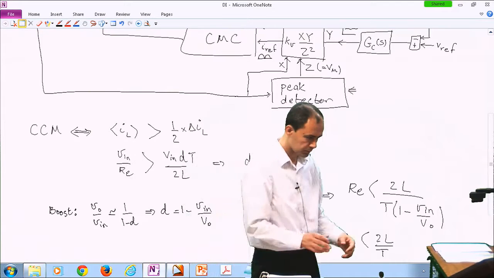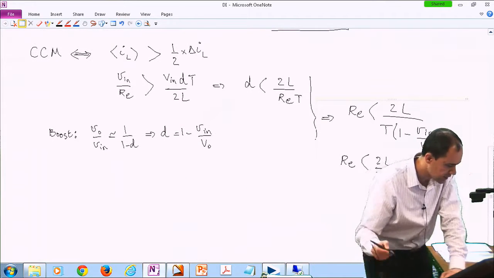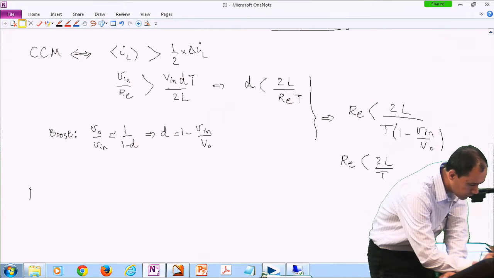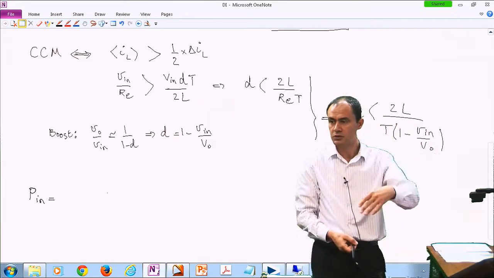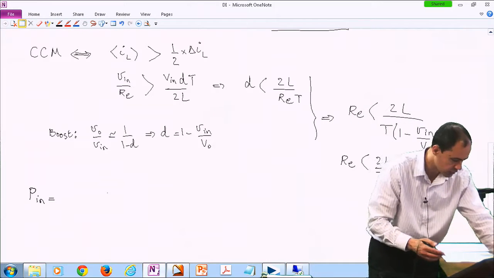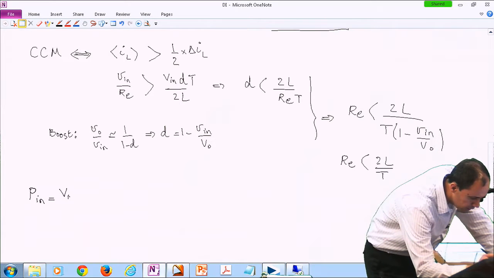Like, where does it come into the picture in a converter? Oh, so the emulated resistance is, if you look at the input power, assuming that the loop is closed and you're doing power factor correction, your power factor is almost 1, would be Vin RMS times Iin RMS.